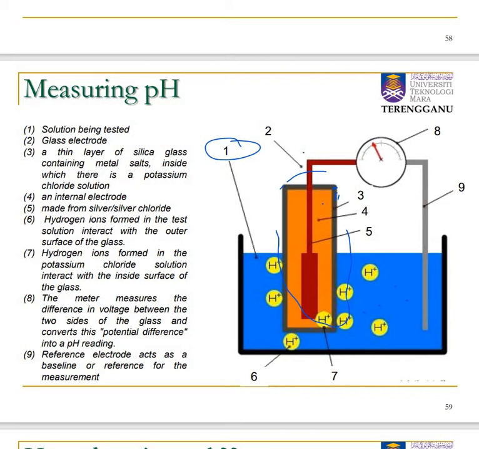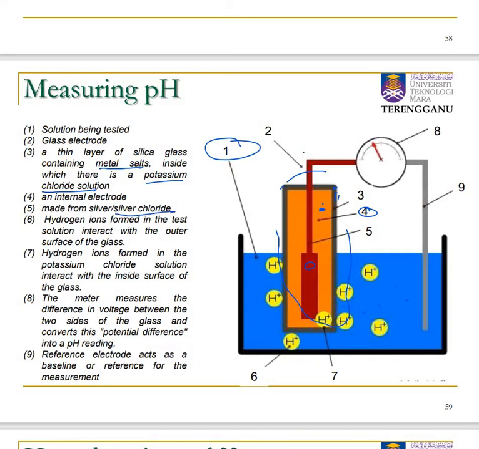This silica glass contains metal salt. Inside this silica glass, number 4, is our internal electrode solution, which is potassium chloride solution. This is our internal electrode and it is made from silver chloride.